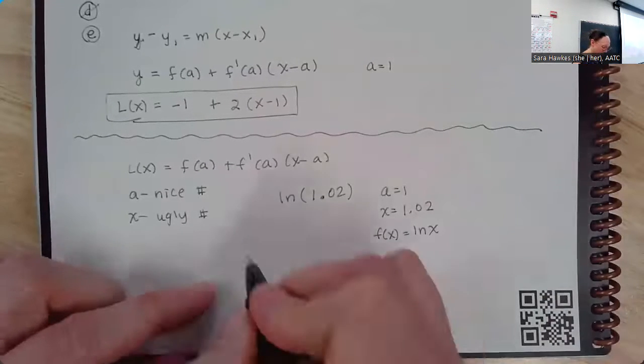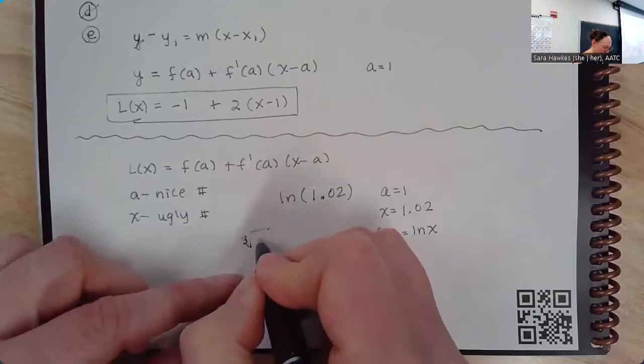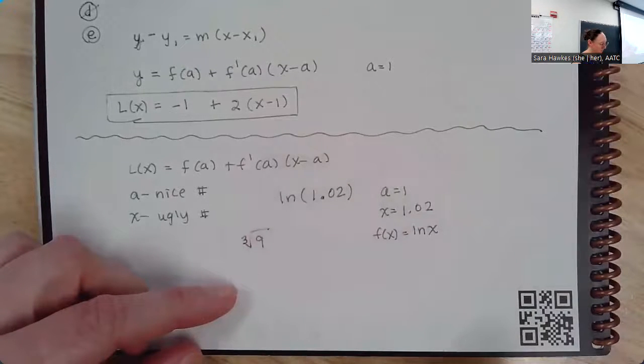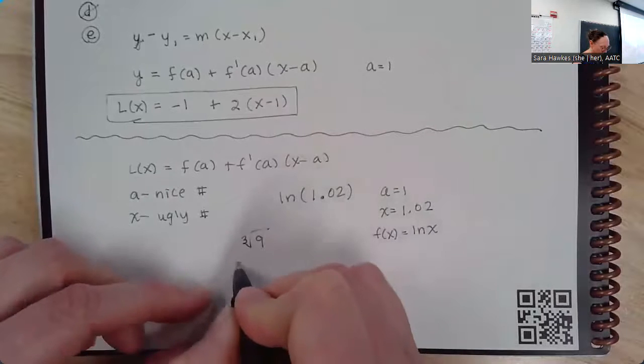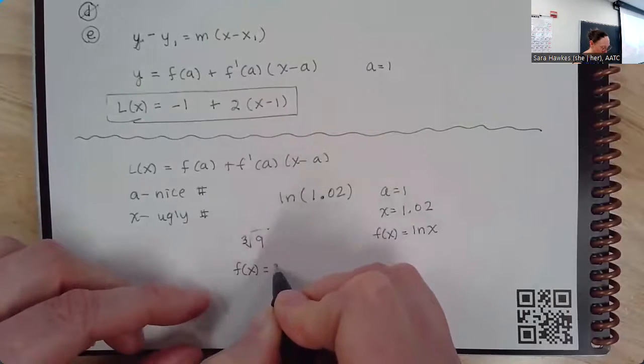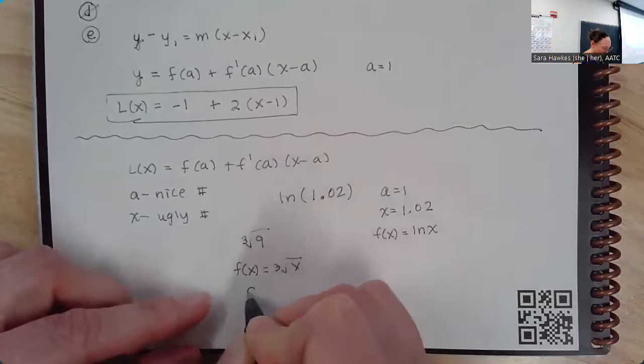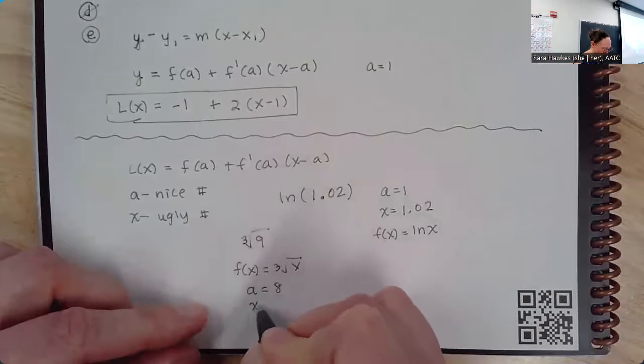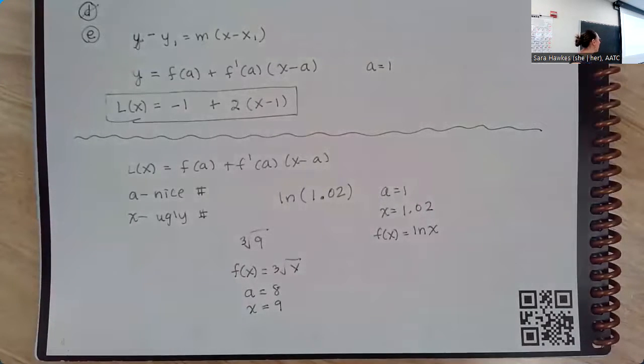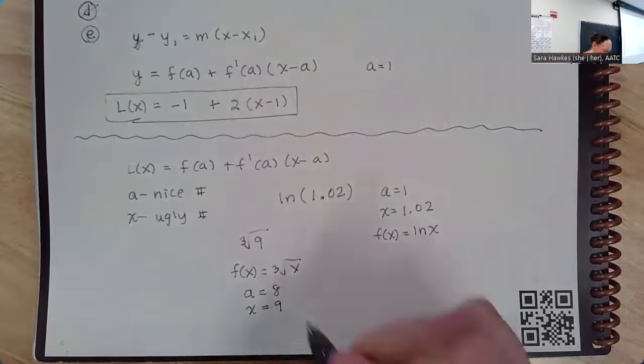If I was asked to approximate the cube root of 9, what's my function? So my nice number is 8, and my not nice number is 9. Why is 8 the nice number?